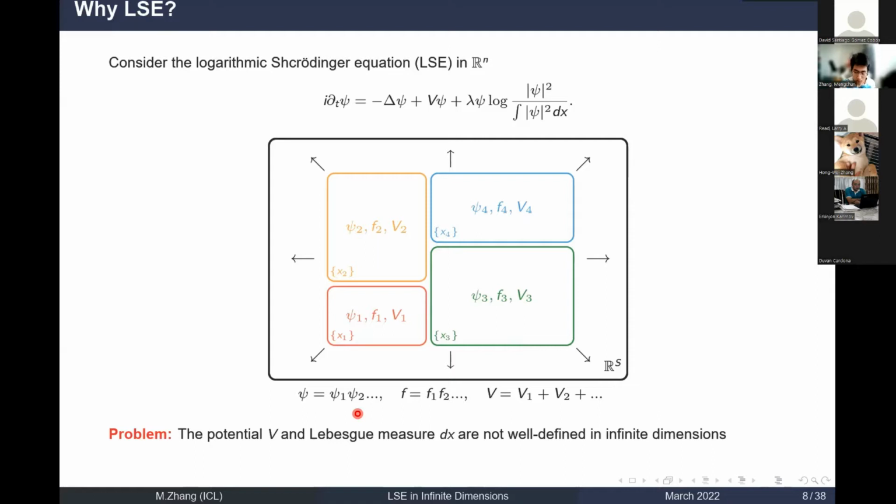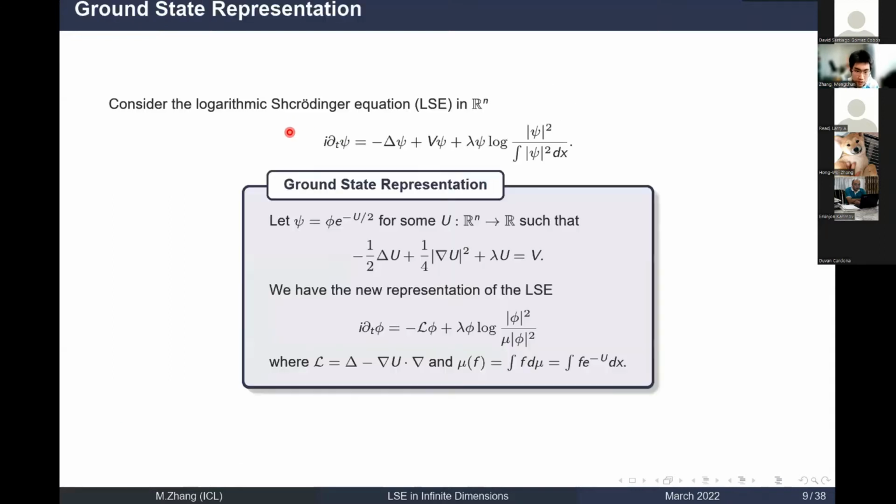So how to solve this? Well, the idea is to use a ground state representation. Basically, we are using this representation to transform this equation into some other form, such that in that form, everything is well defined in infinite dimensions. For the technical details, one can see that we use this transformation for any function u related to V by this differential equation.